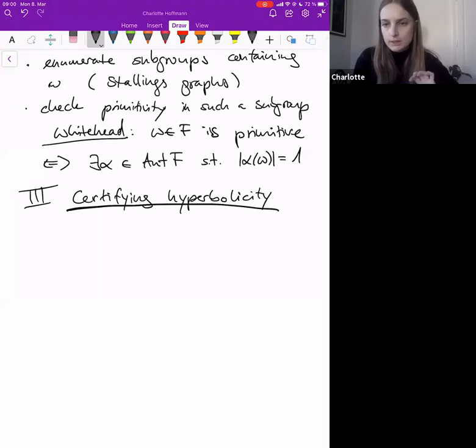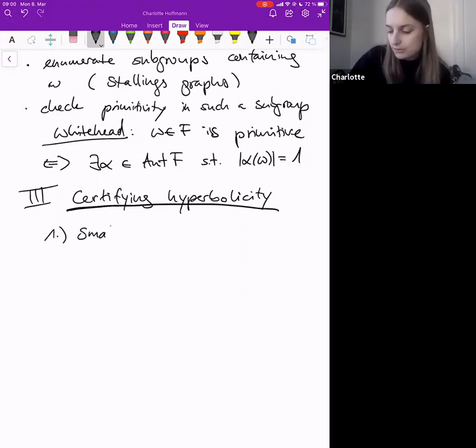And for this, we used different checks. The first thing we did, which is quite easy to check, those are small cancellation conditions.